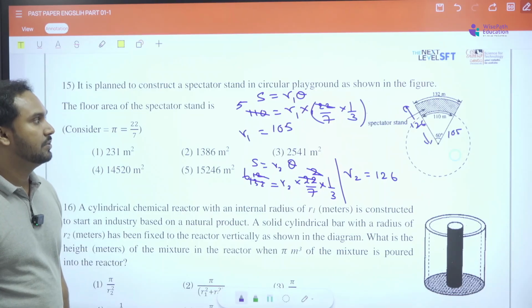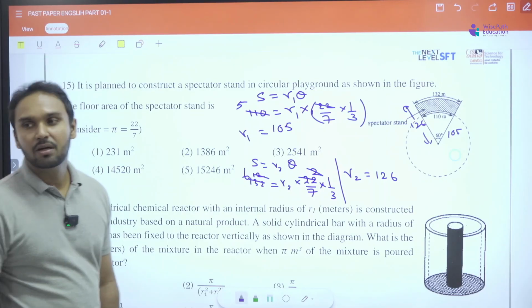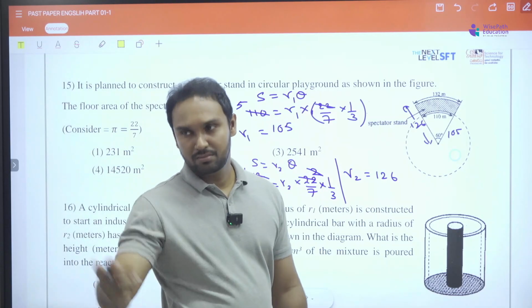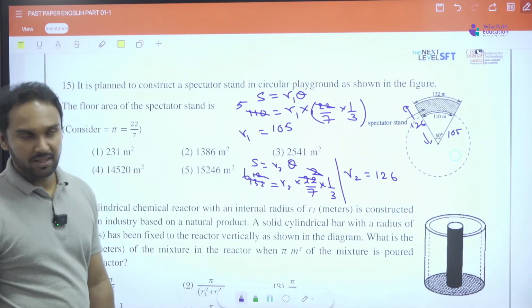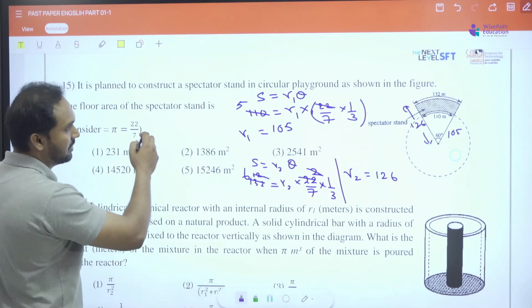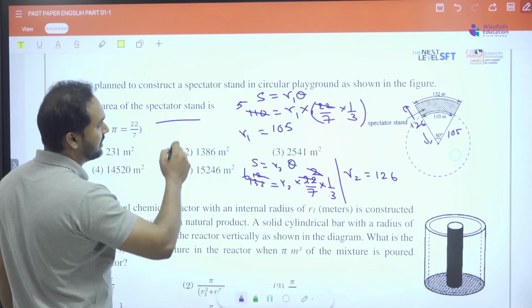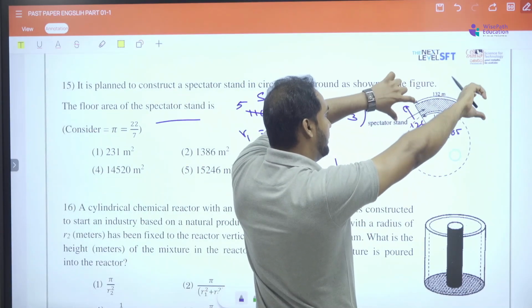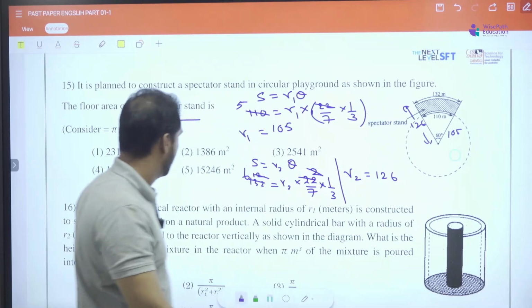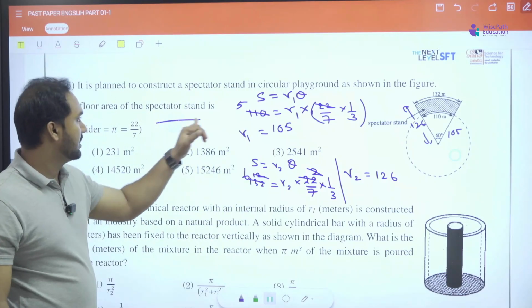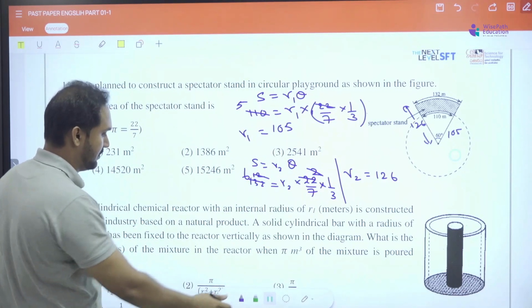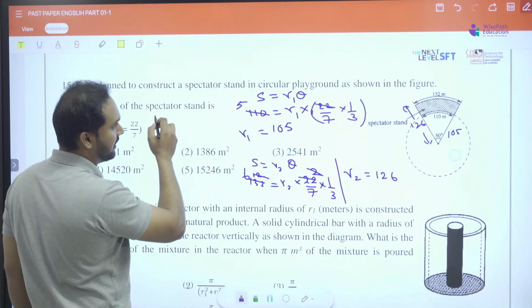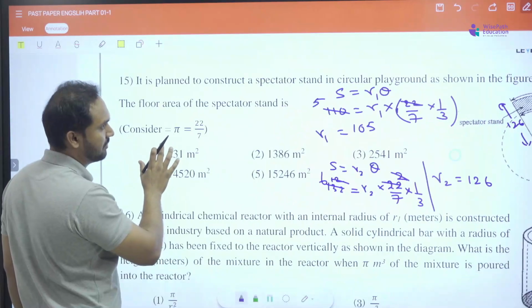What do you do now? You have to put a trapezium, the easiest way. So there's a trapezium here. If you straighten this curve, you will find something like this.